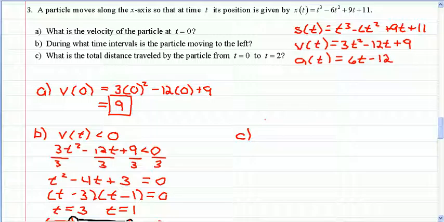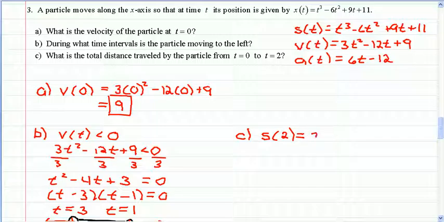For part C, what is the total distance traveled by the particle from t equals 0 to t equals 2? To find the total distance traveled, we use the position function, s of t. So from 0 to 2, we will take s of 2.